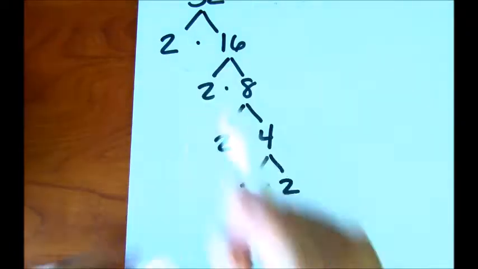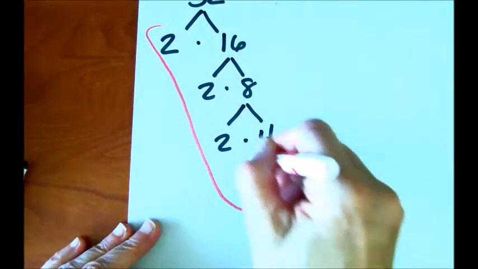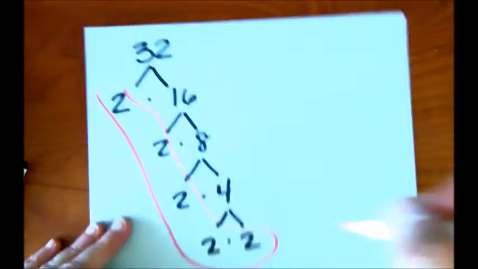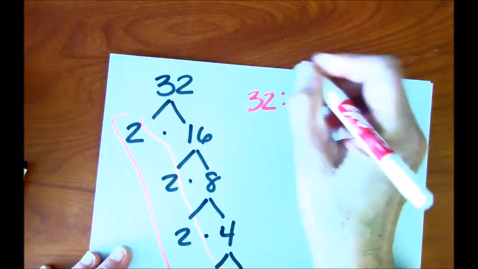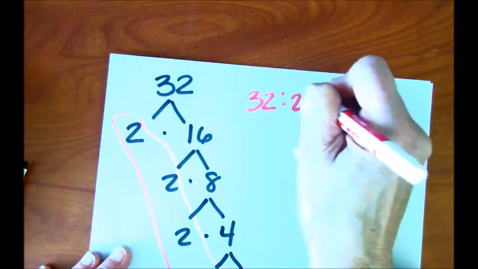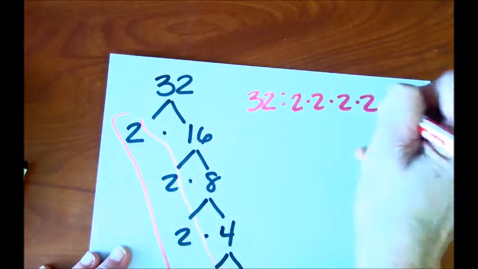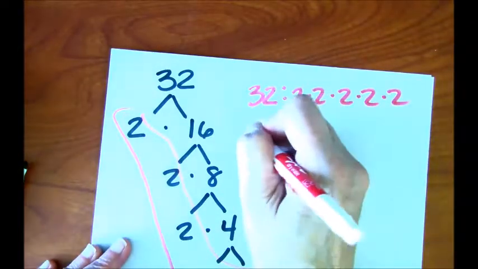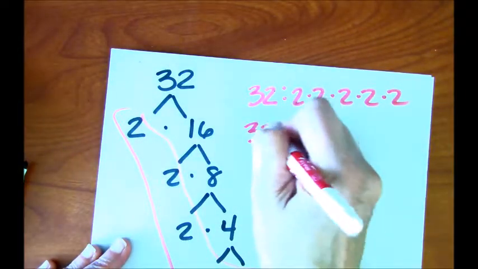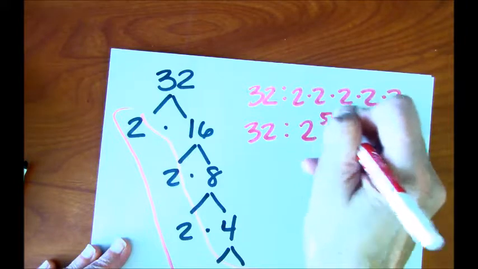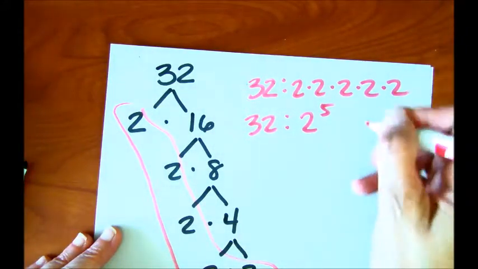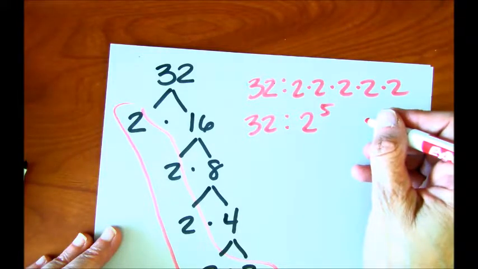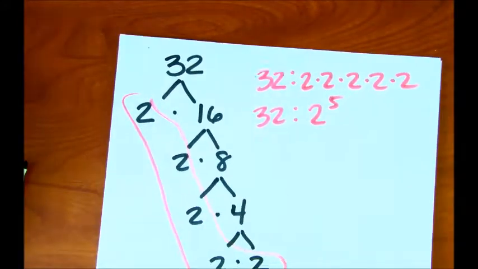Notice we have 5 2's that make up this. So we could write 32 as 2 times 2 times 2 times 2 times 2, or 32 as 2 to the 5th power. So this is in prime form, and this is in exponential form, using a prime number as a base.